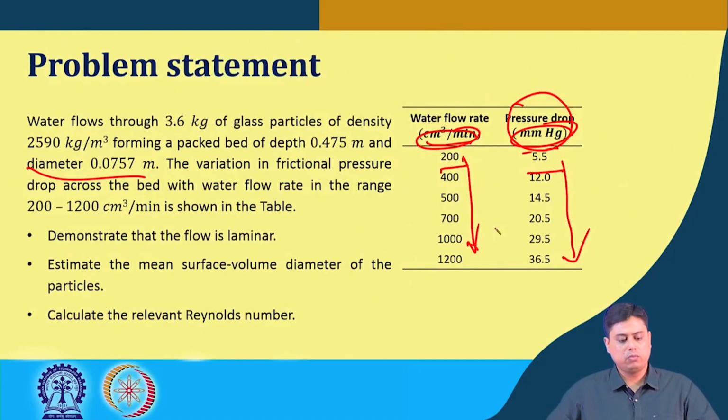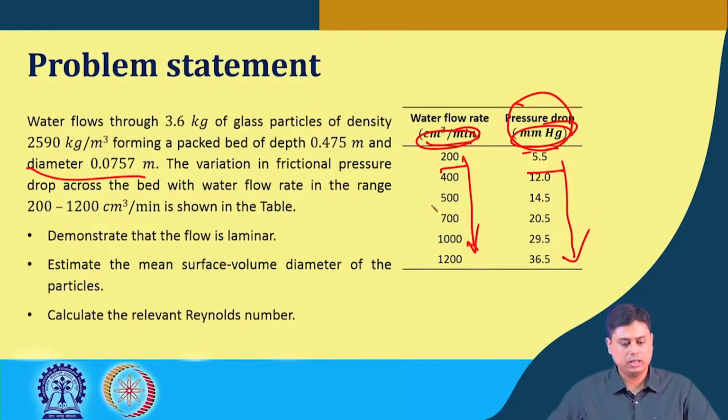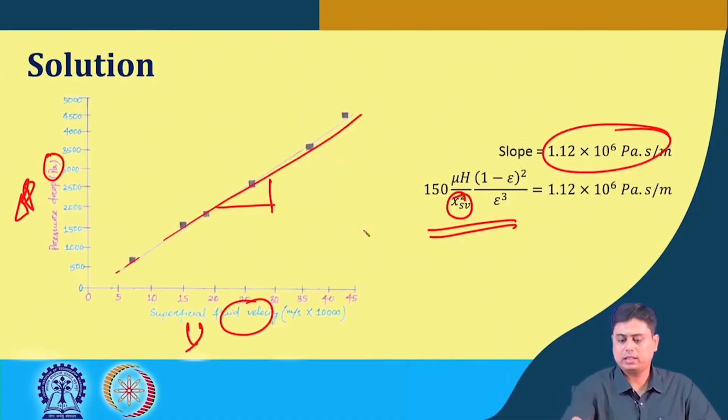The second question was to determine the surface volume mean diameter. In this expression, mu is given and the height of the bed is known. In this question, there is no direct mention of voidage.